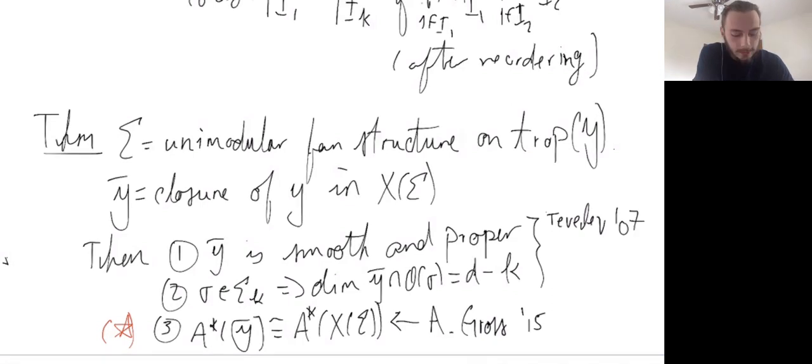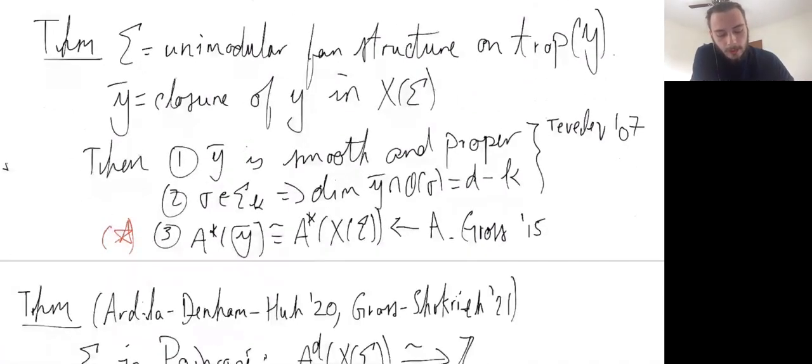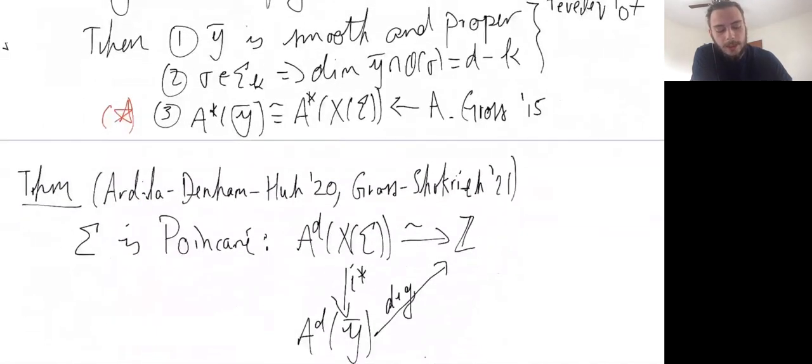So what I want to do now is try to explain why we have this isomorphism of Chow rings in this third part here. There are basically two different aspects to this.